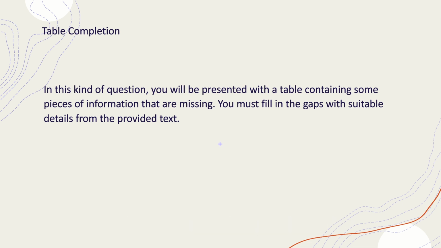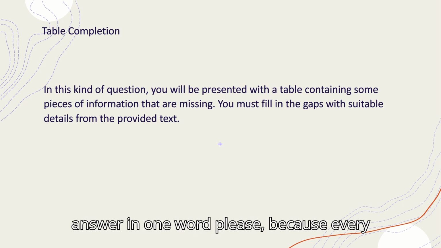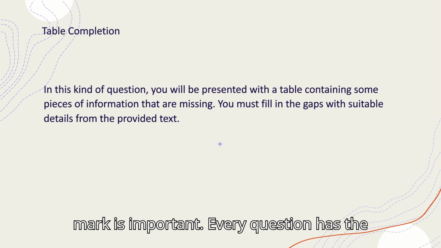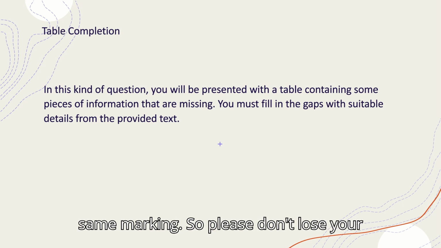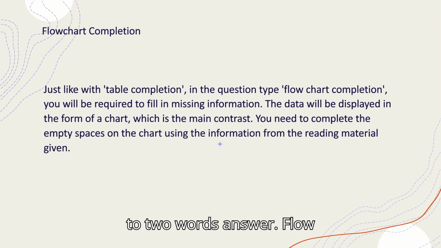Just stay with the text which is given. Plus, if they're asking for numeric, answer in numeric. If they're asking for 1 word, answer in 1 word. Please, because every mark is important, every question has the same marking. So please don't lose your marks for your spellings and your methods, like giving a 2 words answer where one word is asked.